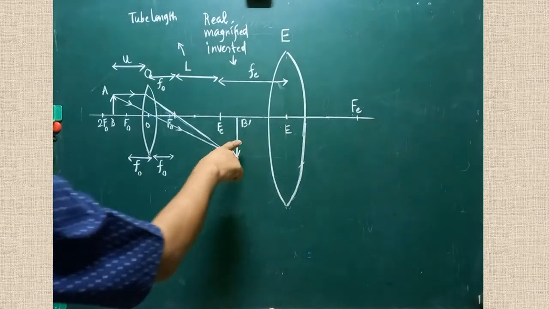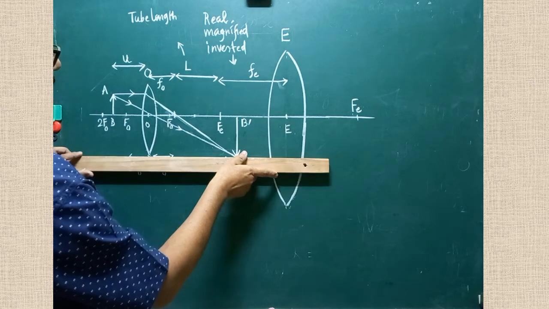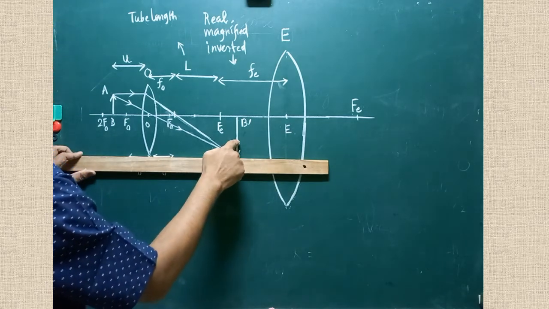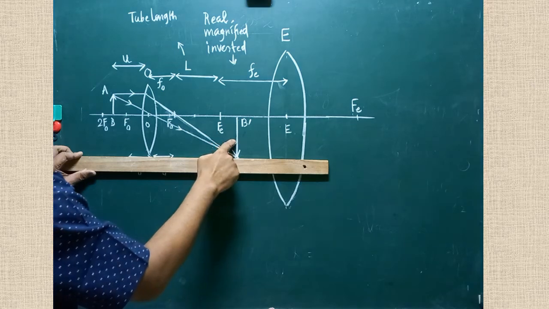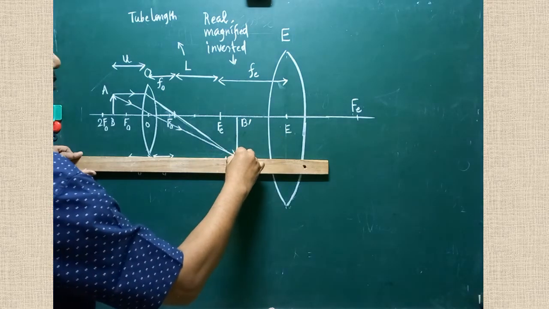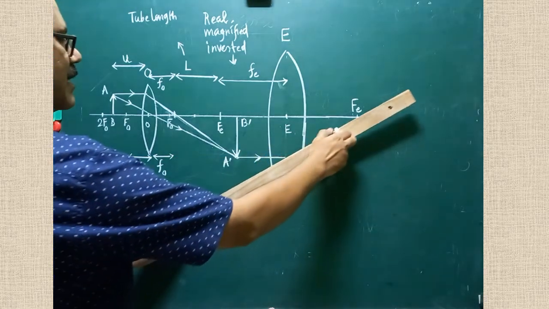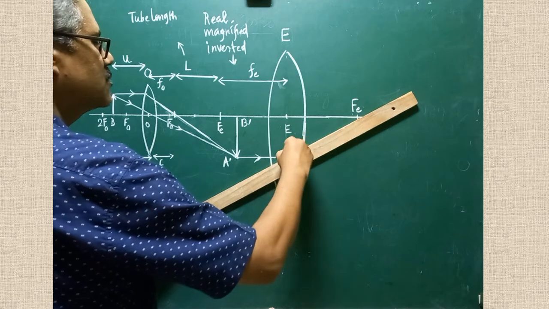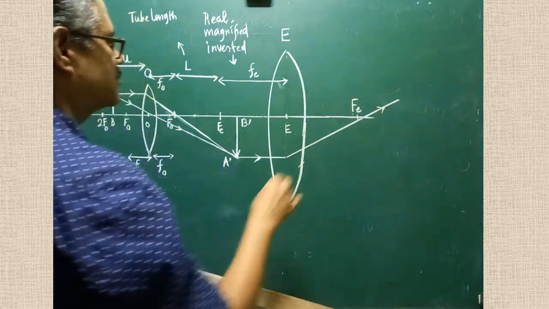After getting the image, now we are going to continue the ray diagram. So this is the image which is created by the objective. Now this image is going to act as the object for this eyepiece. So from the head of the object, one ray is to be drawn. After getting refracted, the ray will pass through the principal focus of the eyepiece.